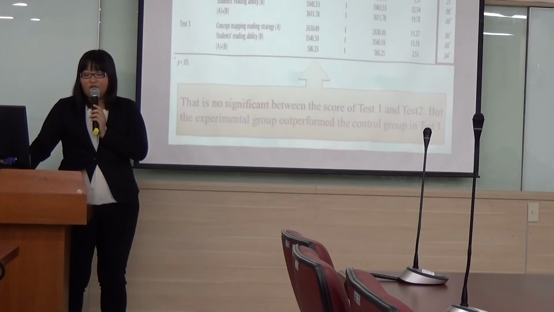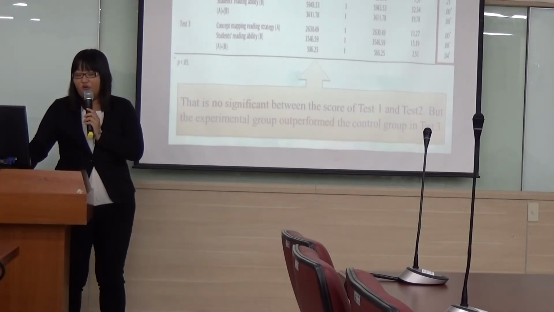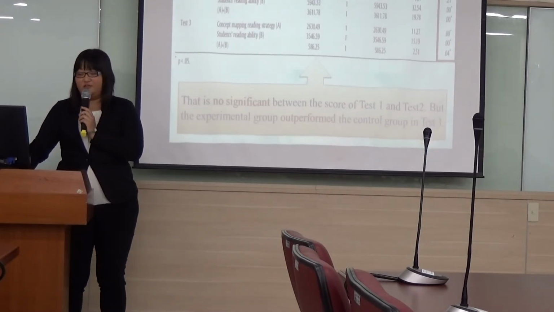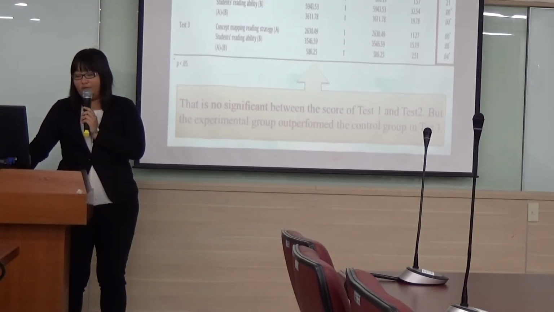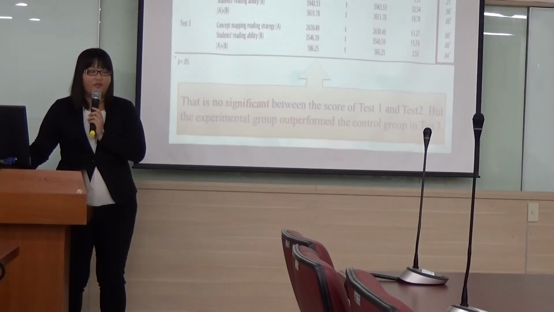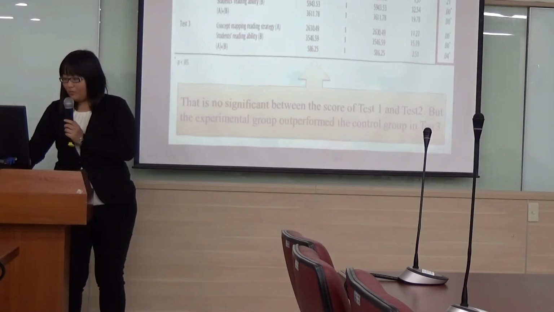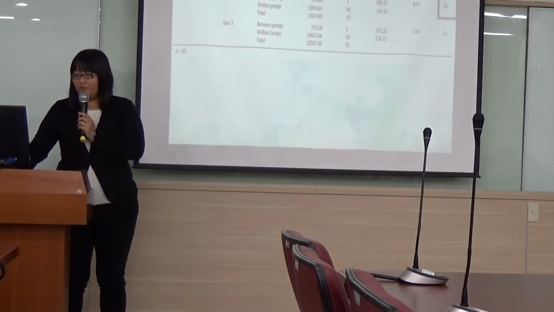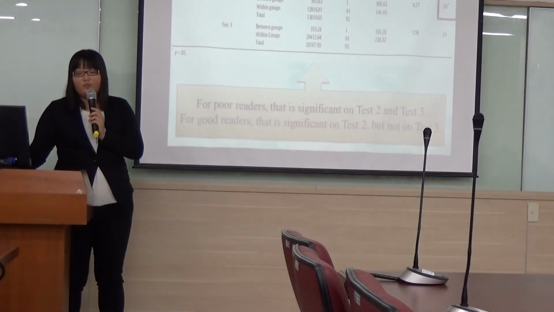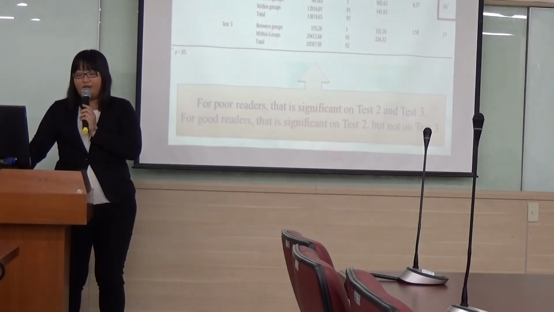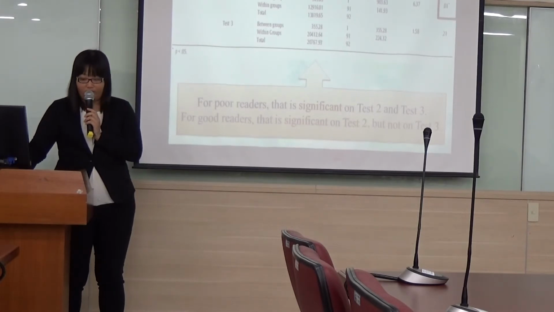There is no significance between the scores of test 1 and test 2, but the experimental group outperformed the control group in test 3. For the poor readers, there is significance on test 2 and test 3.